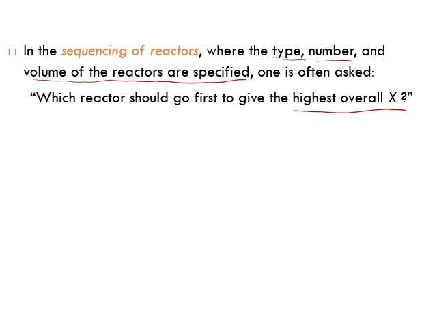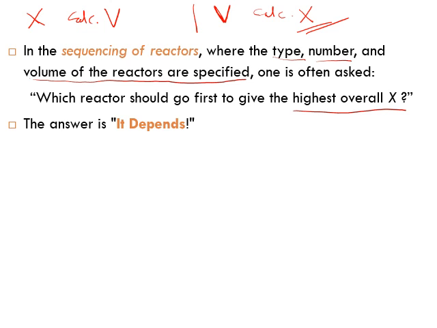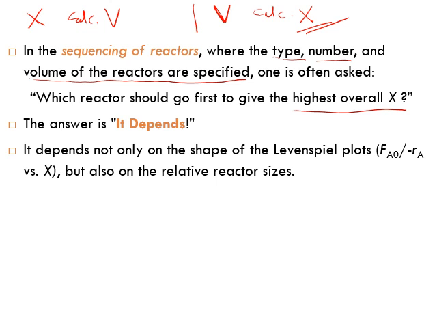So if I specify X, then I calculate V. However, if I already specify the volume, that's the volume, then I need to calculate X. So in this case now, V is fixed. Now the question is, which reactor should go first to give the highest overall conversion? The answer is, again, it depends. It depends not only on the shape of the Liquid-Phase plot, but also on the relative reactor sizes.